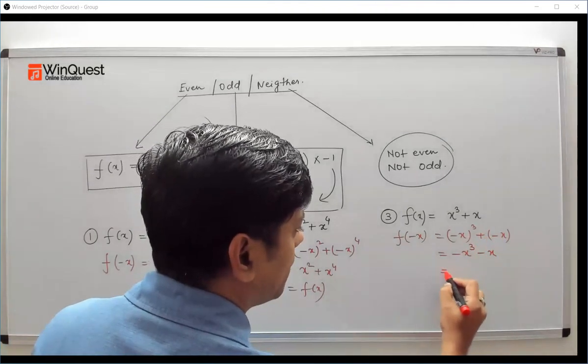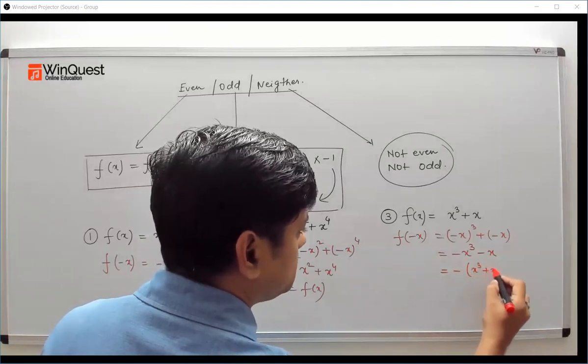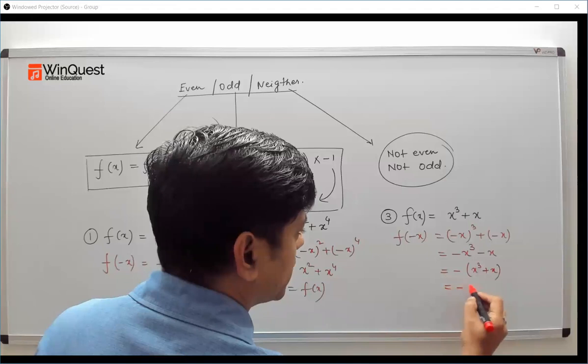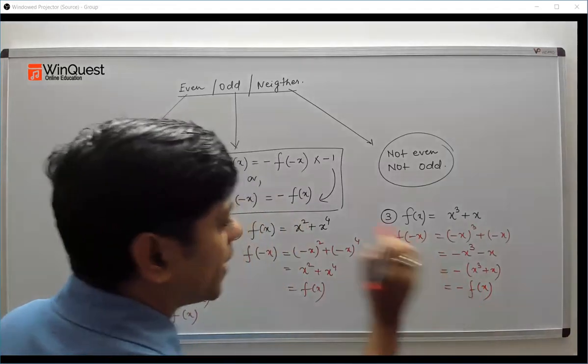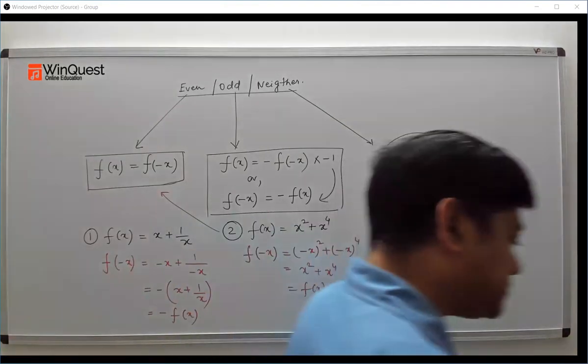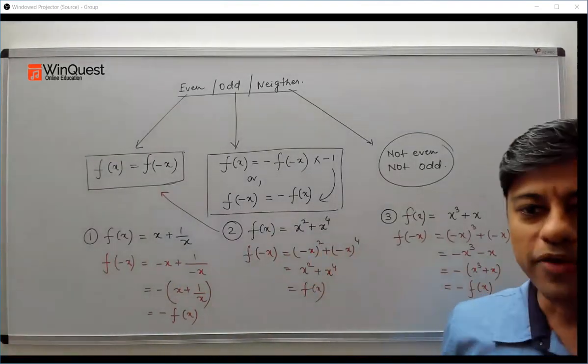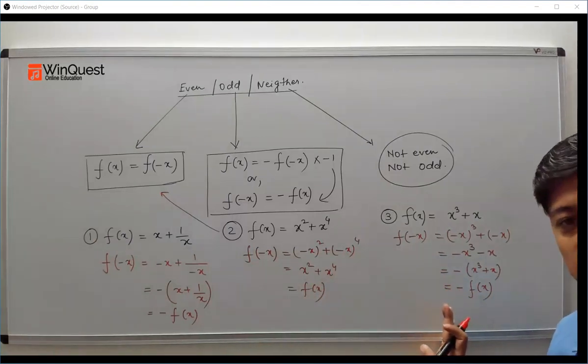So I can take a minus common. This becomes x cube plus x. So this becomes a negative of f of x only. So see, f of minus x equals minus of f of x. Am I making sense here? Everybody is clear why it is an odd function?